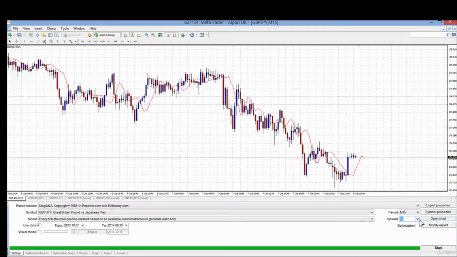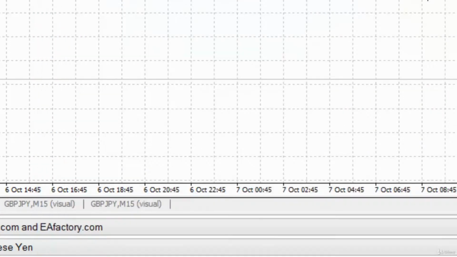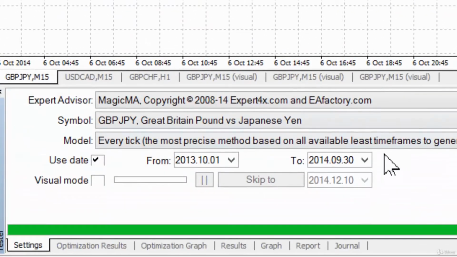So to run it in visual mode, we need to just make sure what the moving average settings are. I'm just going to have a quick look at them. 450 over 600. I think I've got that in already, but let's make sure. So all I do now is I tick the visual mode option, and the bar you see here is a speed bar.